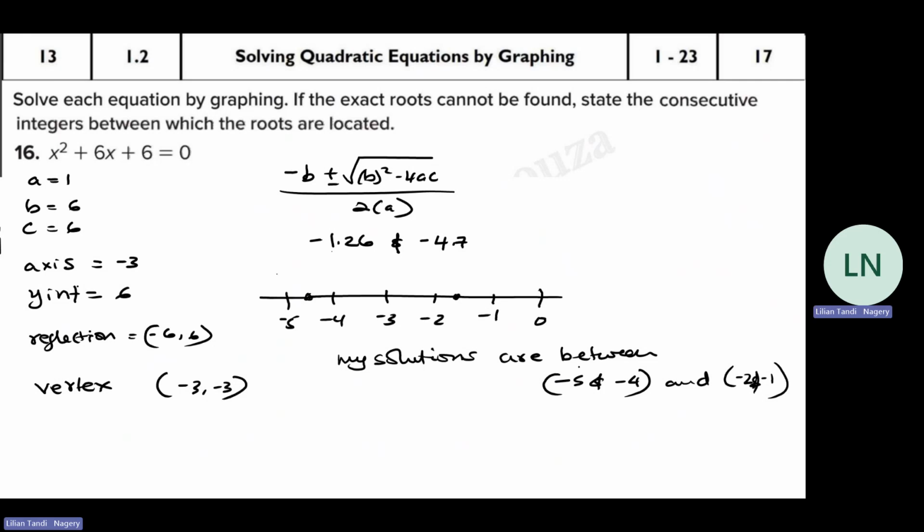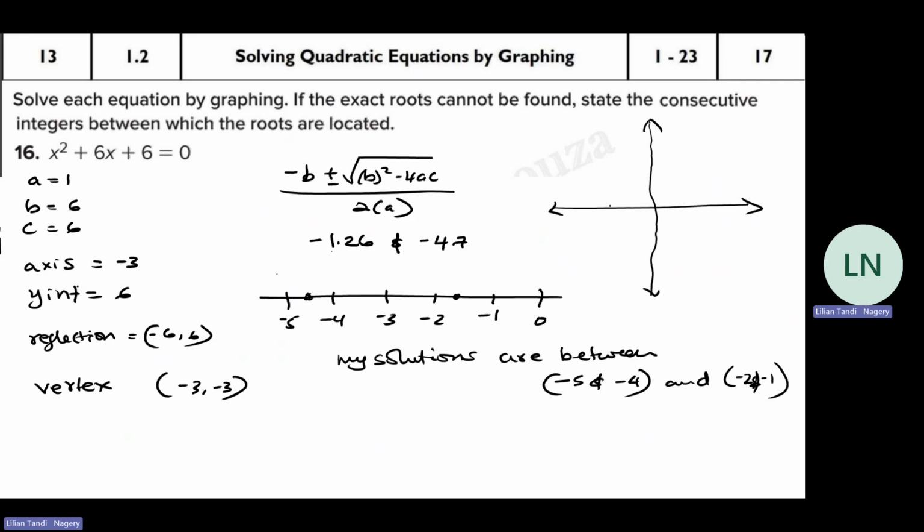So when I'm choosing a graph, this is my coordinate plane. My graph will open upwards because A is positive. Where is my vertex? -3, -3.